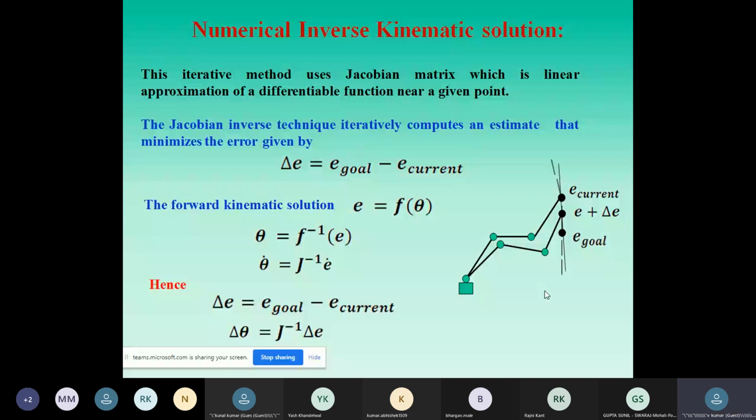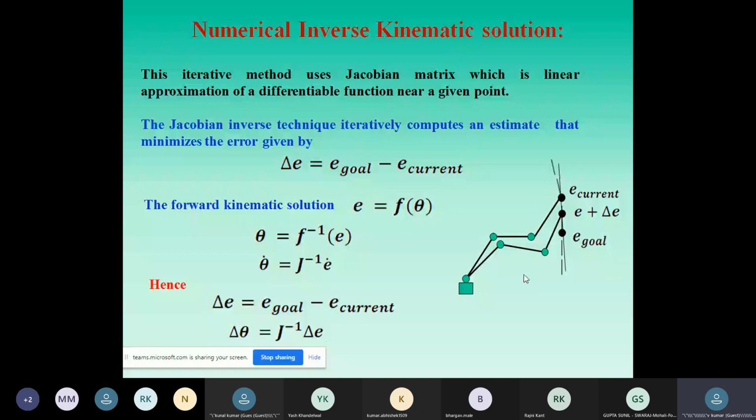If we apply this numerical method, this is the approach. First, we give some initial guess to our manipulator, some theta 1, theta 2, theta 3 given. And we know theta 1, theta 2, theta 3, so its current end effector position we can calculate by forward kinematics. And the goal position is given.